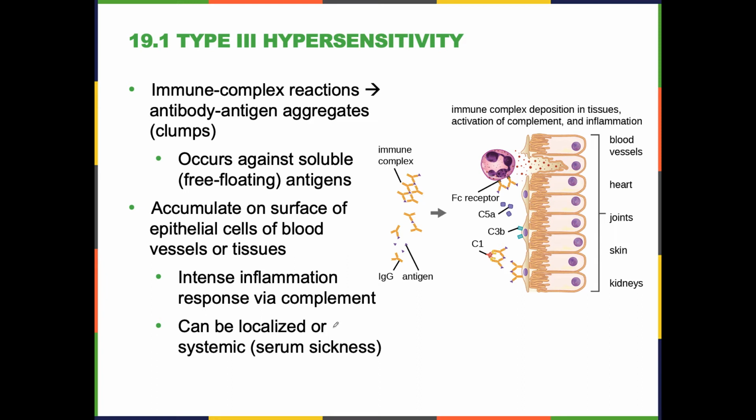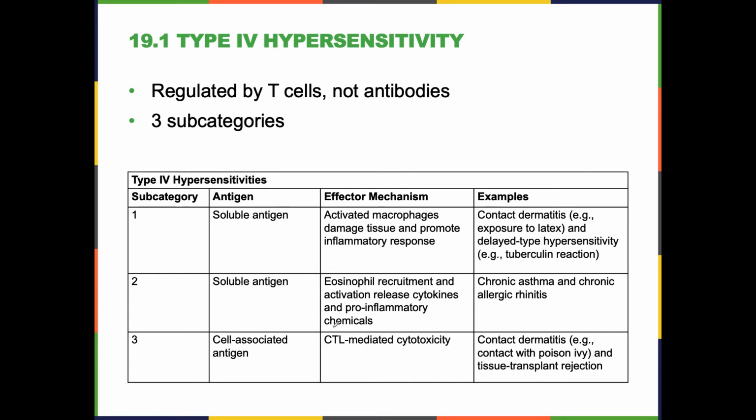Type 3. Okay, type 1, type 2, type 3 are all antibody dependent, right? All antibody mediated, so antibodies are very much involved in this process. Type 4 is cell mediated, right? So it's regulated by T cells, not antibodies. You can subcategorize type 4 hypersensitivity, so you can have type 4 subcategory 1, subcategory 2, subcategory 3, okay?